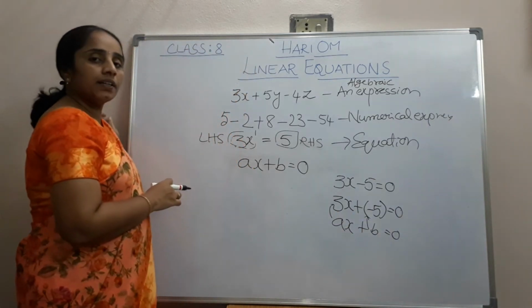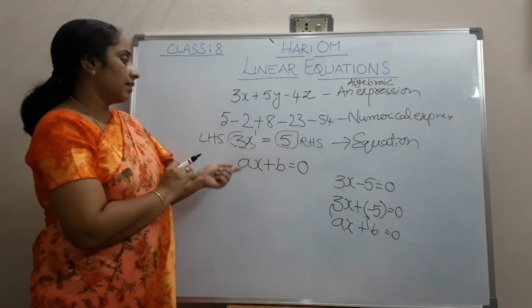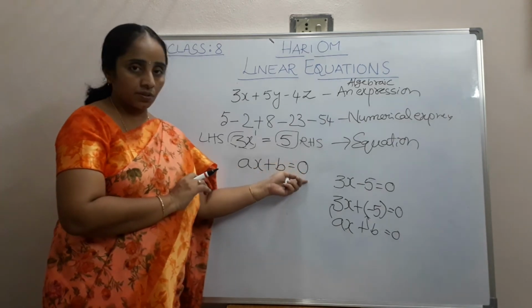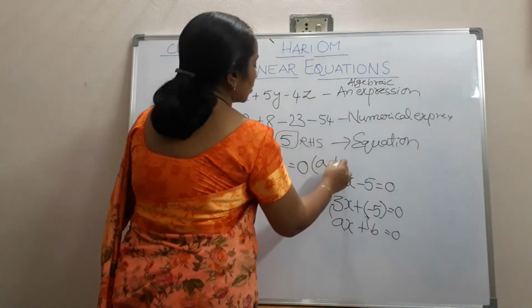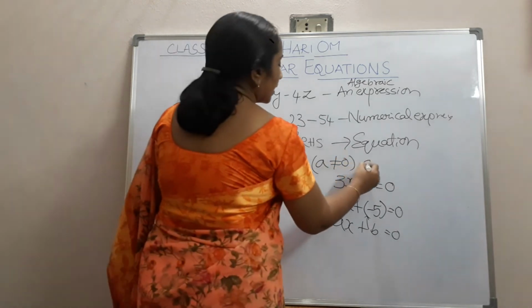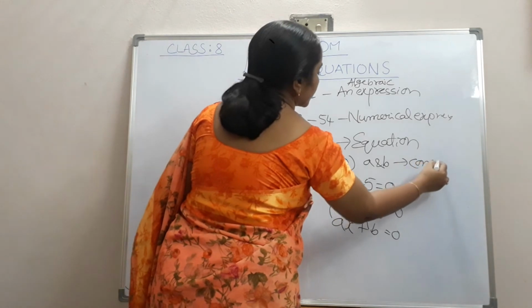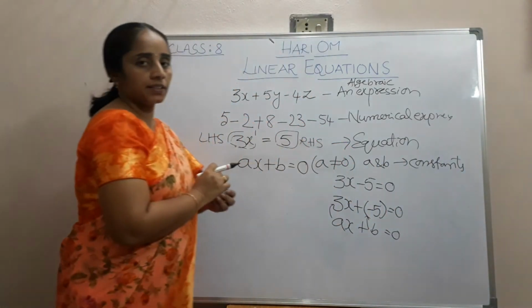So we can define a linear equation with its general form ax plus b is equal to 0, a not equal to 0, where a and b are constants.